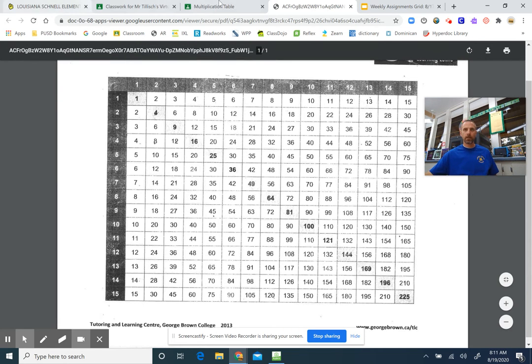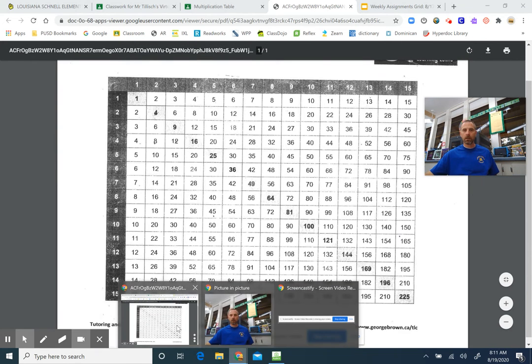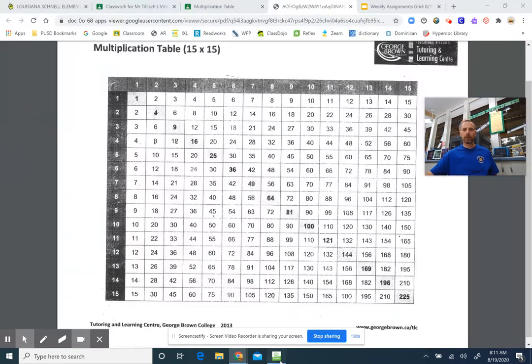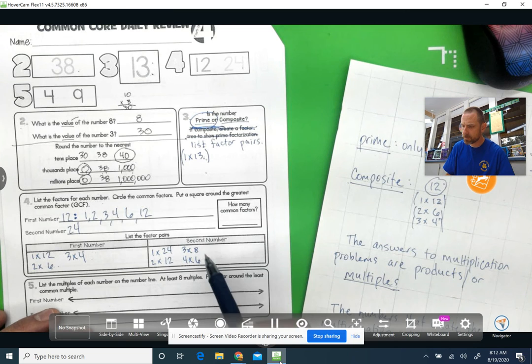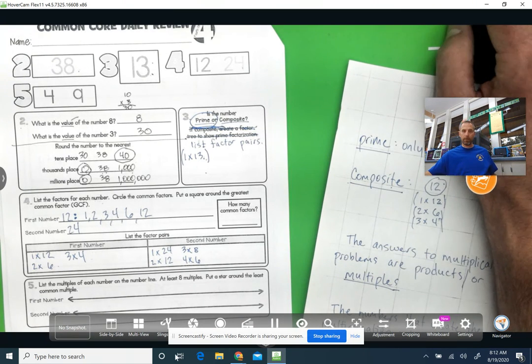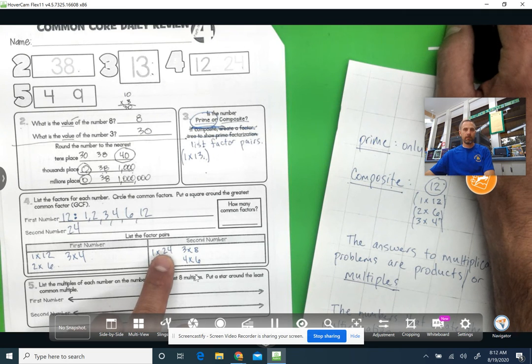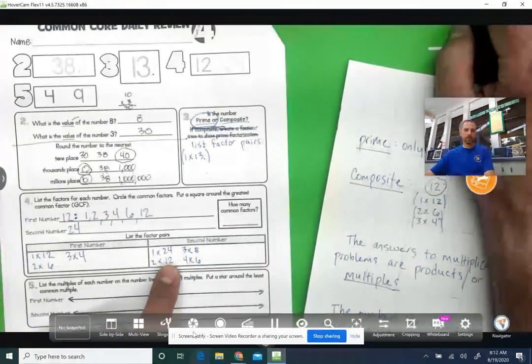Alrighty, I'm going to keep on trucking here. So far, I have 1 times 24, 2 times 12, 3 times 8, 4 times 6. So my biggest factor right now is 24. My second biggest is 12.